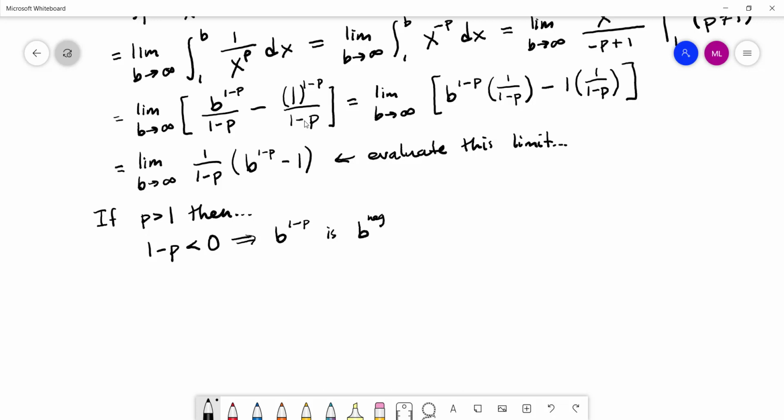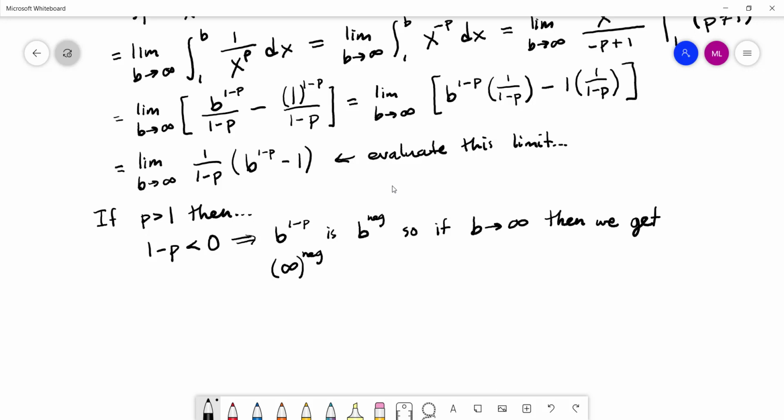So if b goes to infinity and the power that it's raised to is a negative power, then we get essentially some sort of infinity to some negative power.